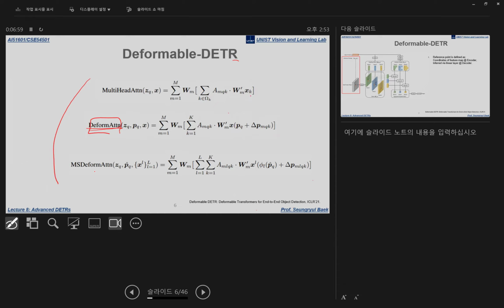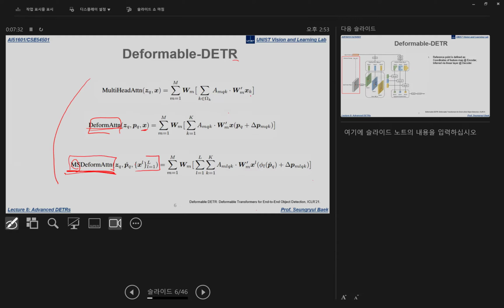And this is the multi-scale extension of the deformable attention mechanism. MS means multi-scale. As I mentioned previously, to capture both small-scale and large-scale objects, we may require a multi-scale feature map. Previously, x denoted the coordinate for a one-scale feature map.